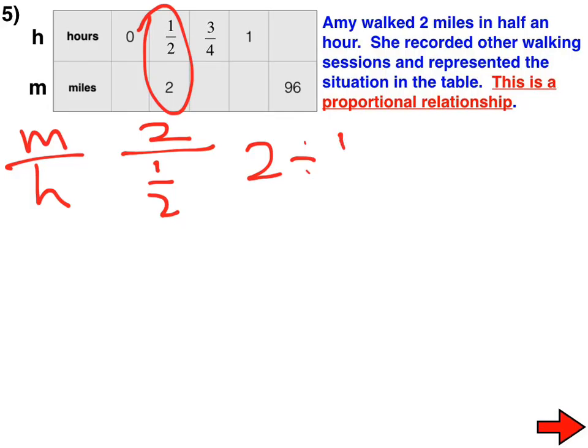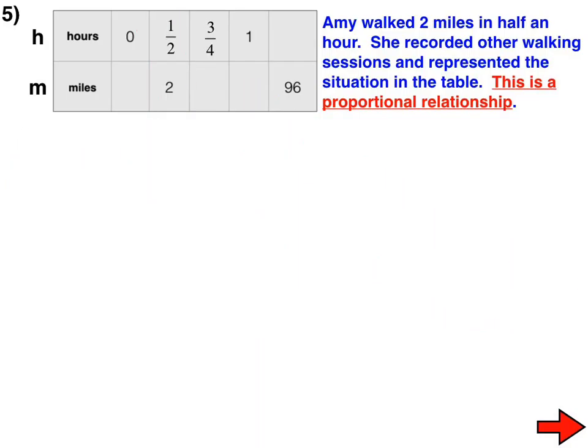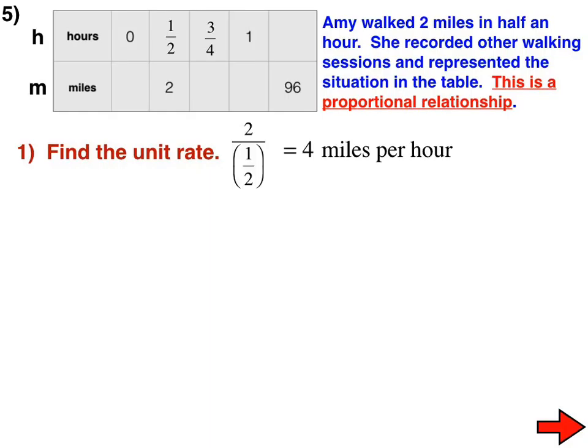2 divided by 1/2, which multiplied by the reciprocal would be 2 times 2. What's 2 times 2? 4. This 4 is per hour, so this 4 goes where 1 hour is. 4 miles per hour is my unit rate. 4 miles for 1 hour.